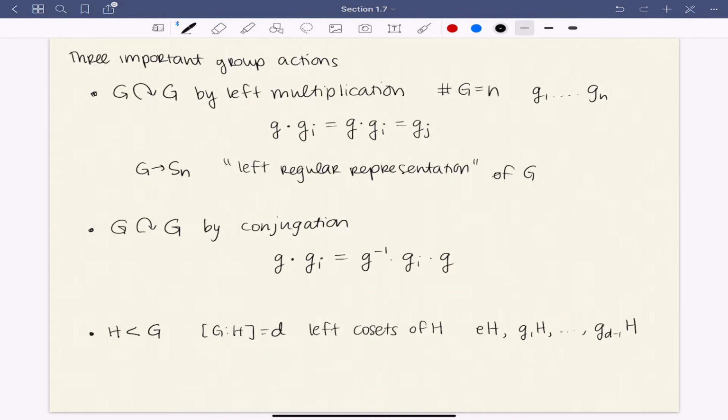And then I can have an action of g on one of these cosets by just saying that this is whatever coset that's given by g times g_i H. So that's another important group action that will come up again and again.